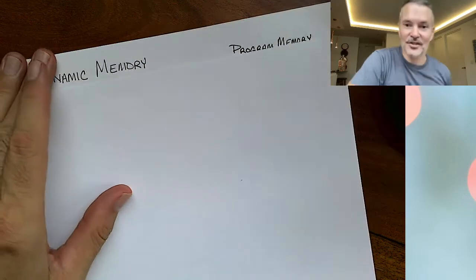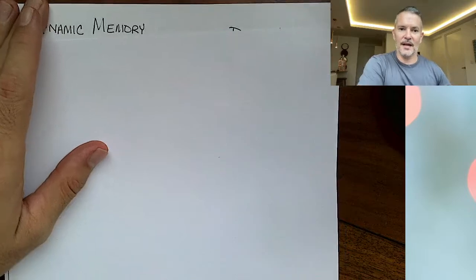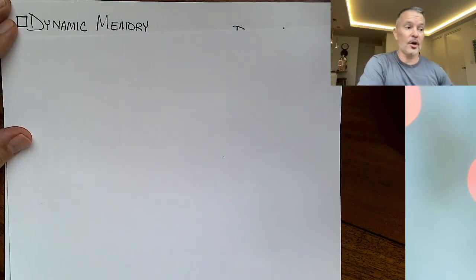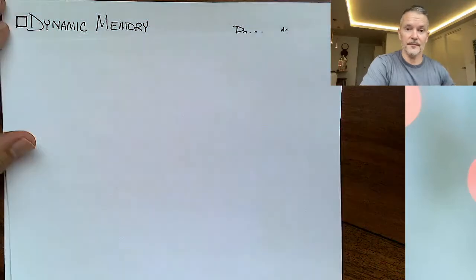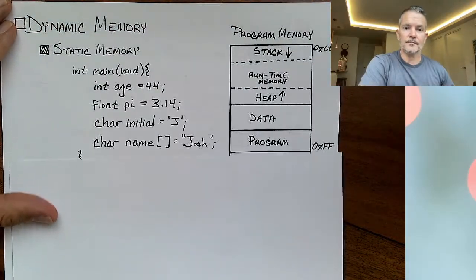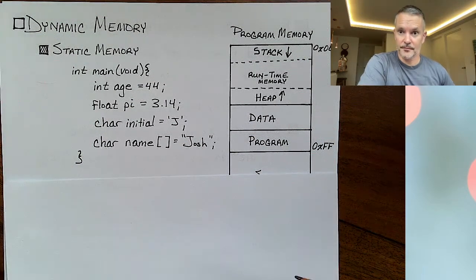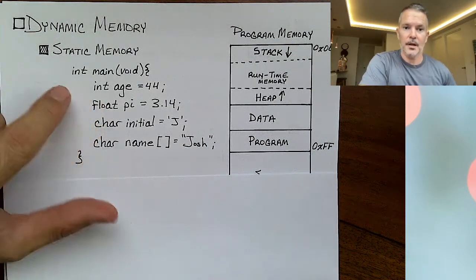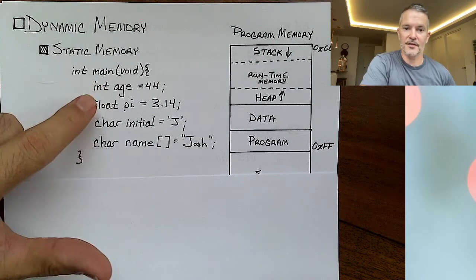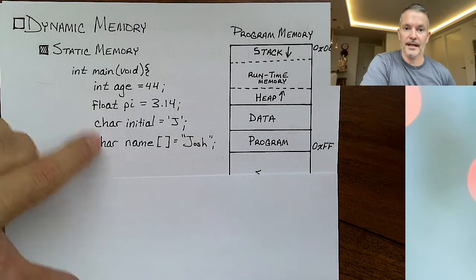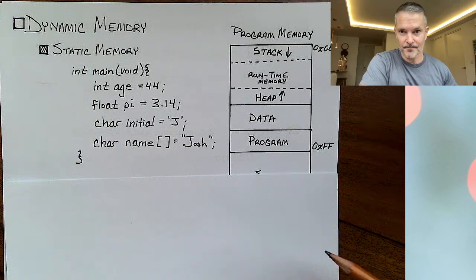So let's jump in first by understanding a little bit about the kind of memory we've already seen up until this point. In an example program like we've seen up until now, you might have had a main function in which you declared various variables and initialized them to have values, or maybe you didn't initialize them.